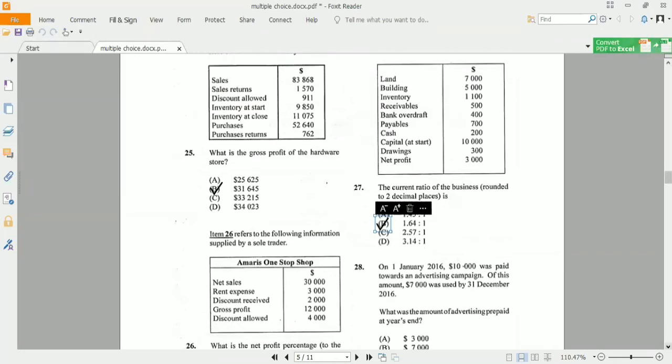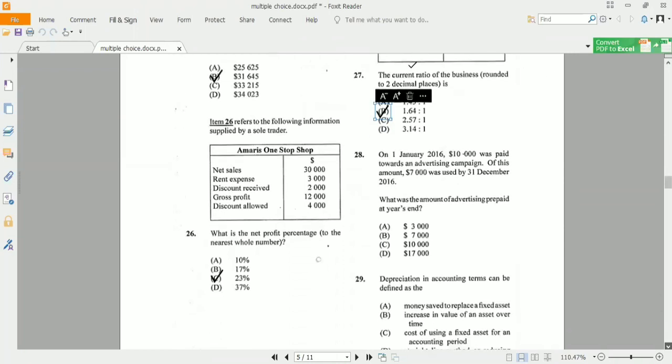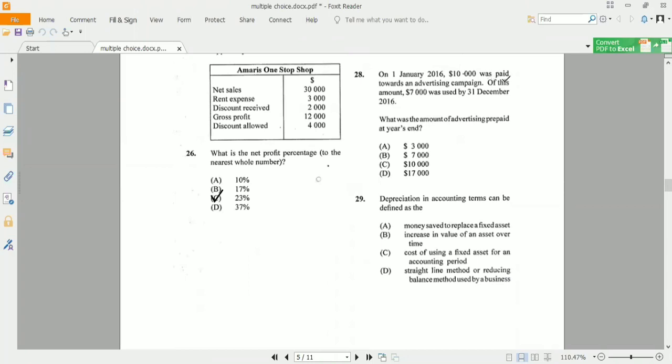Number 28. On January 1st, 2016, 10,000 was paid towards an advertising campaign. Of this amount, 7,000 was used by 31st of December 2016. What was the amount of advertising prepaid at the end of the year? 3,000. 3,000, the amount that is not yet used up.